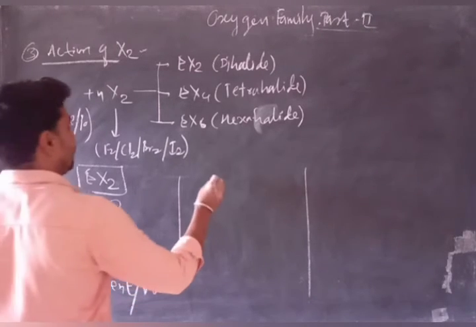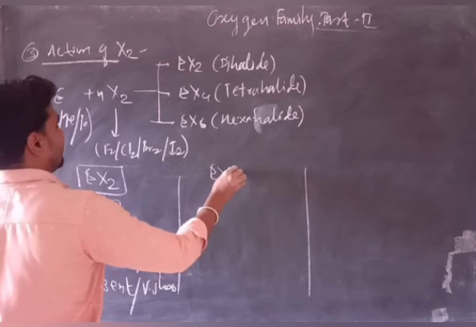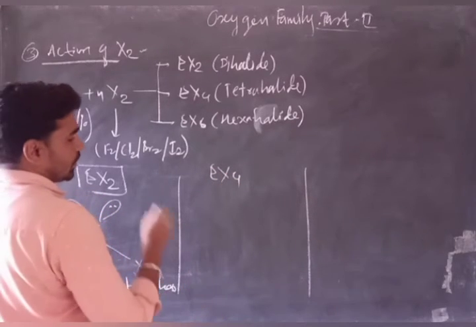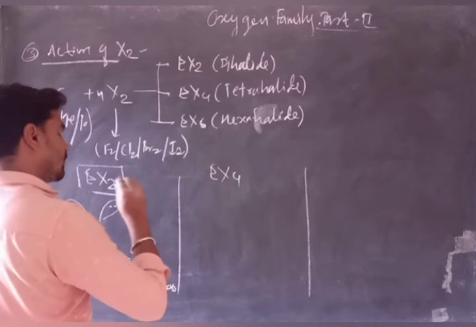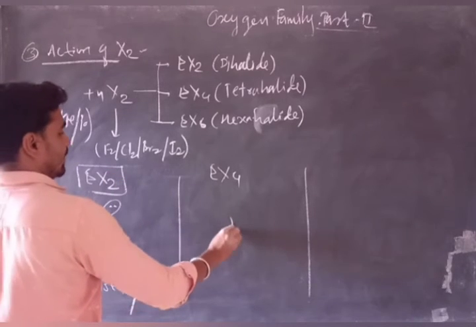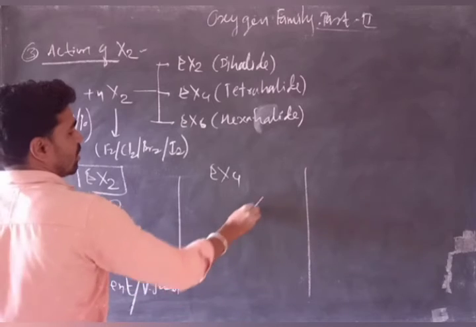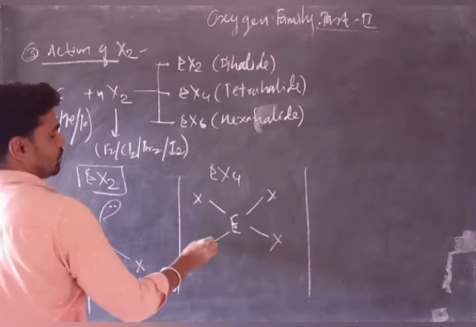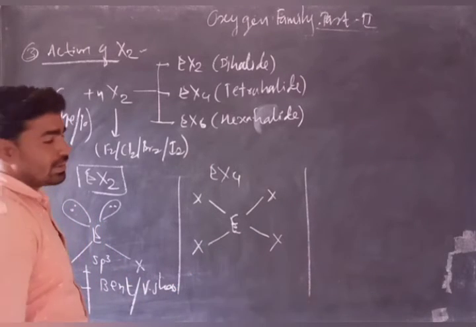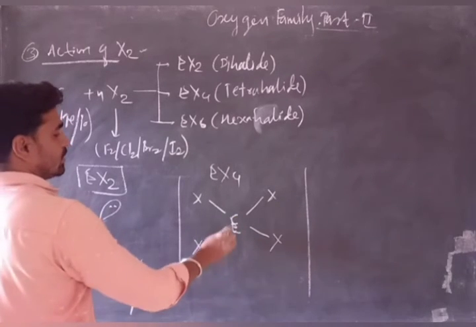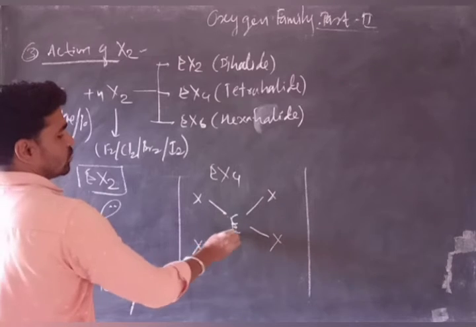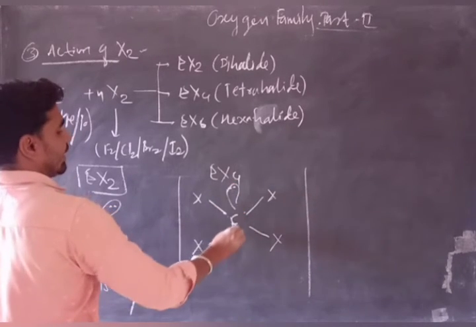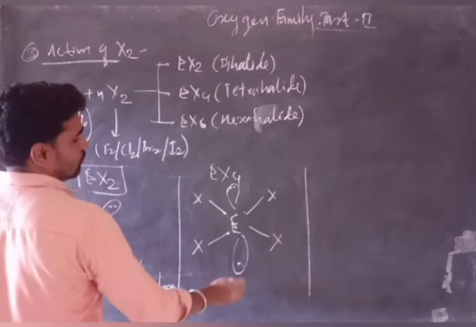After that, when we see the tetrahalides, here E is at the central position, all 4 halogens surround it tetrahedrally at the corners, and the remaining 2 electrons are at the axial position.